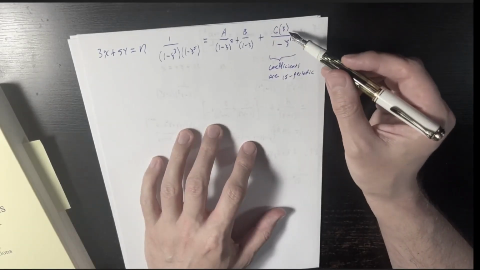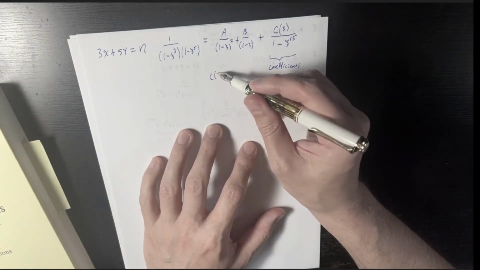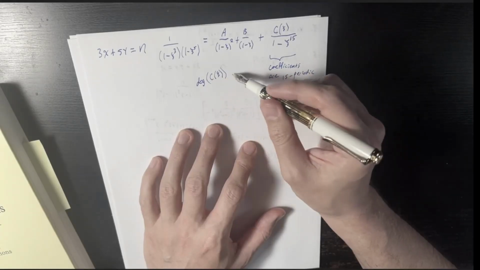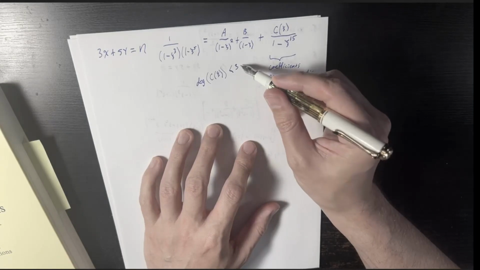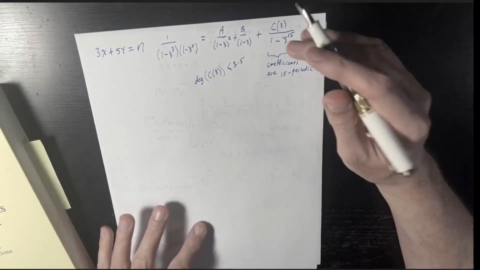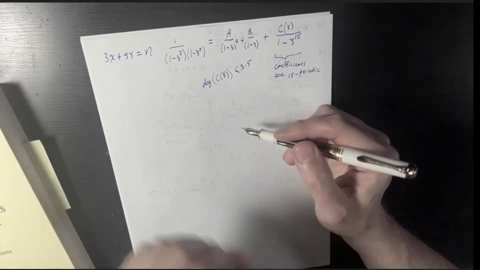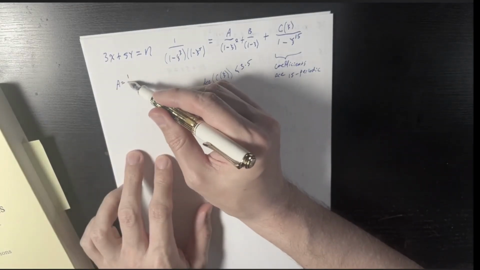But even if you had a polynomial here, this c of z is of degree less than that number, whatever that product is. And of course, again, in this case, a is 1 over 15.